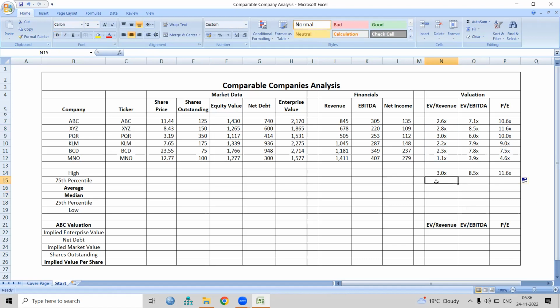Same way, let's find out what is called quartile deviation number 3. How do you find out quartile deviation number 3? Let's put this equation.